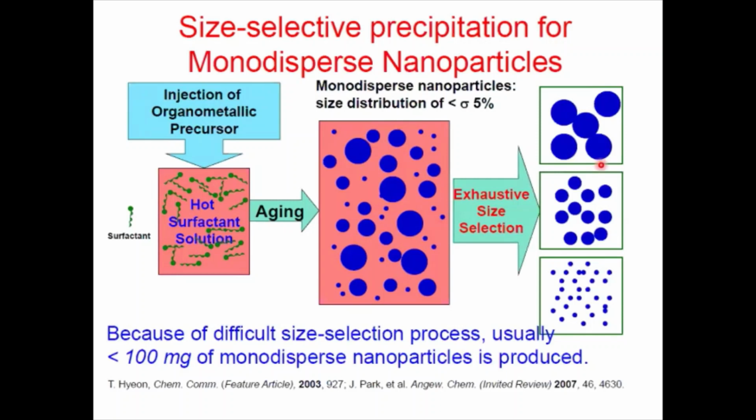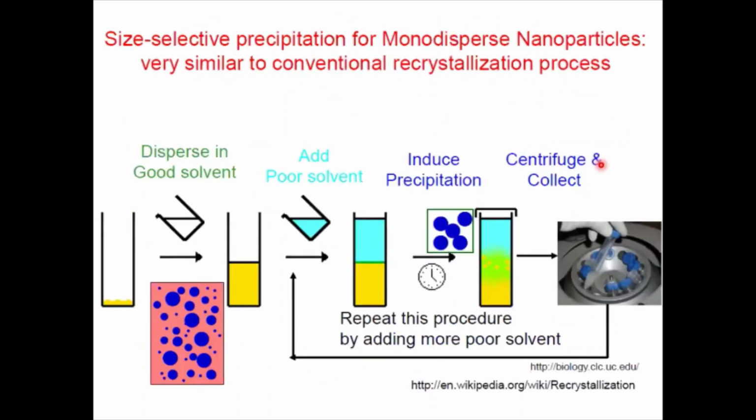Which you can do by making use of some kind of solvents, usually propanol, ethanol, or some low alcohols. It's similar to the conventional recrystallization process. You have prepared this with different sizes, and this is in a good solvent.